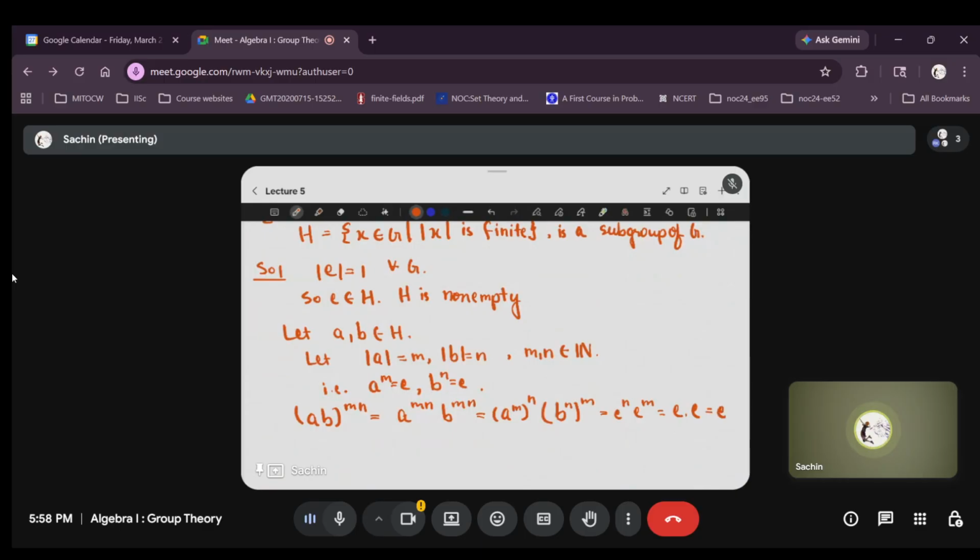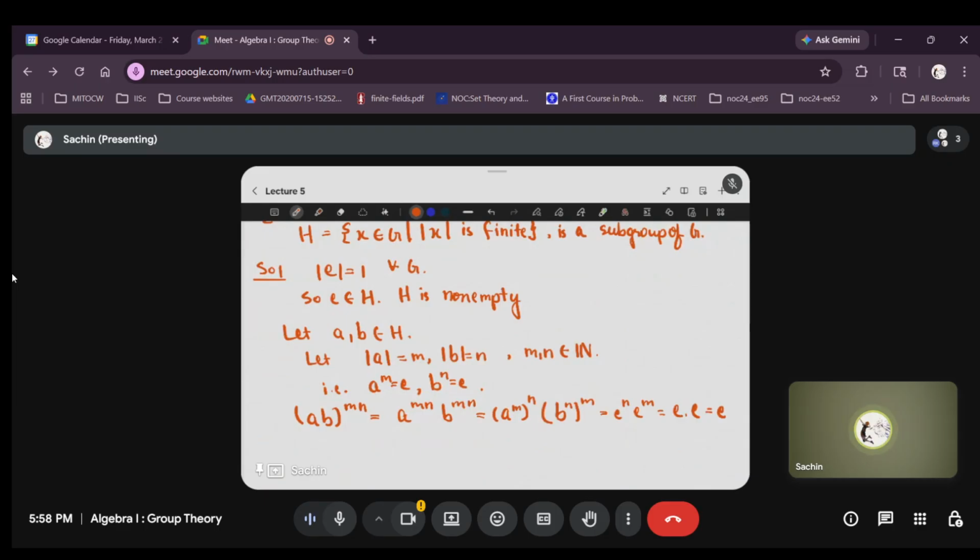So we have given one positive integer Mn such that AB power Mn is E. But the order of AB might actually be, it doesn't mean that it is Mn. It might be some number that is smaller than Mn. But what we needed to show was that the order is finite, not that the order is Mn.